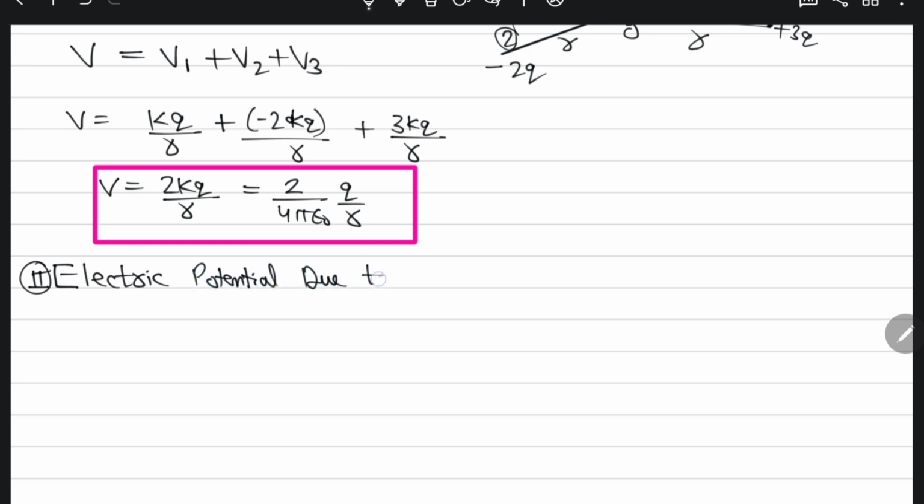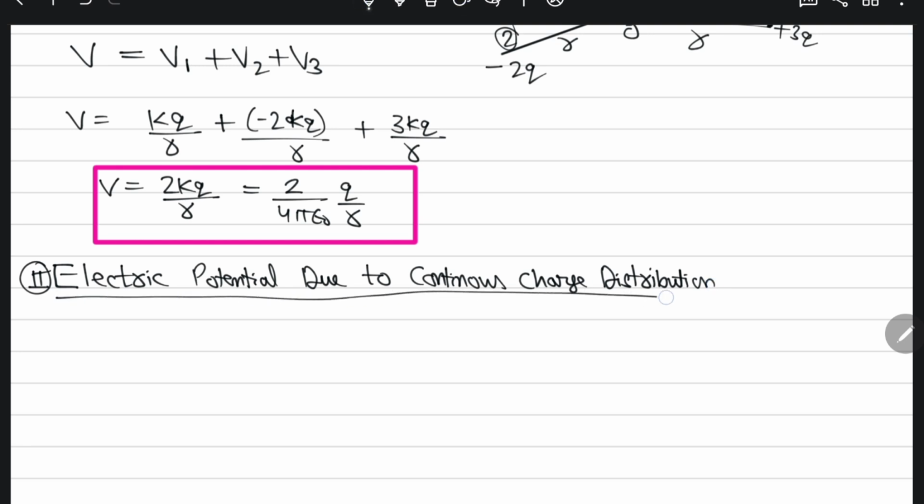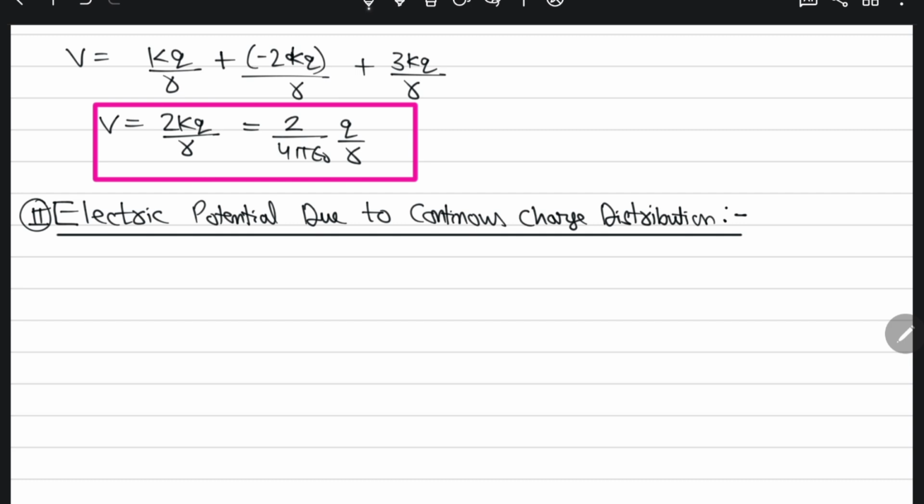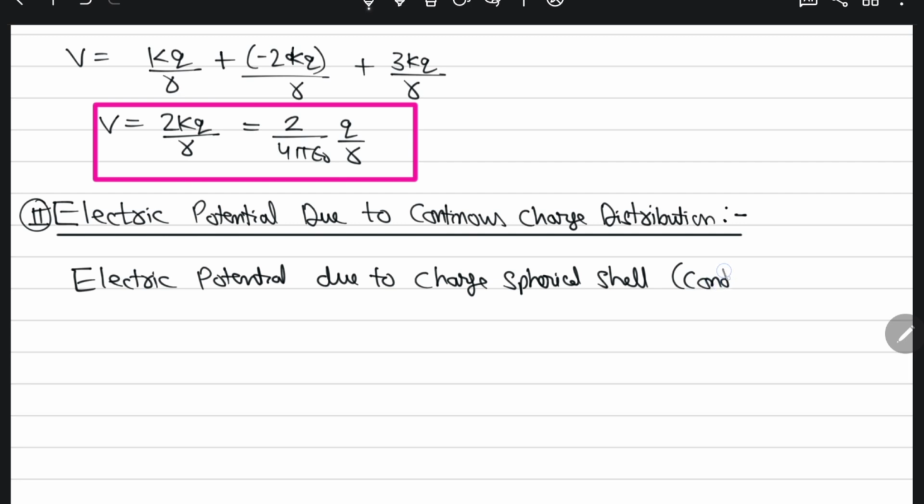So I find electric potential due to a spherical shell of a conducting sphere, right?